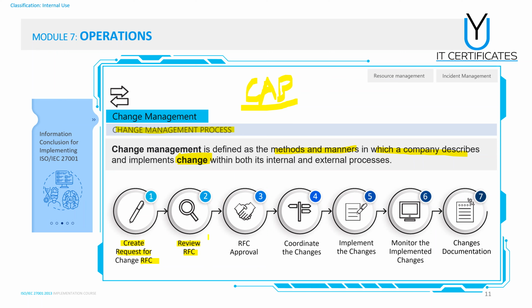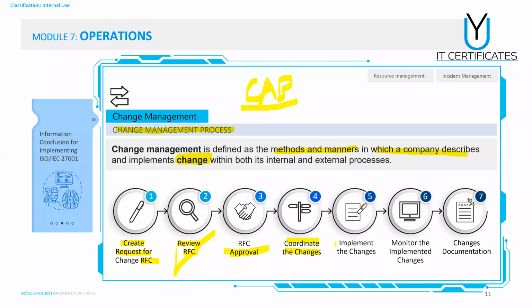If the RFC is reviewed and it's okay, then it will go to the approval process. It will be approved, and we will coordinate the changes. We have to define what resources are required and what preparation we have to do. Do we need to do it in a maintenance window, or can it go on the fly without affecting the operation, and so on.